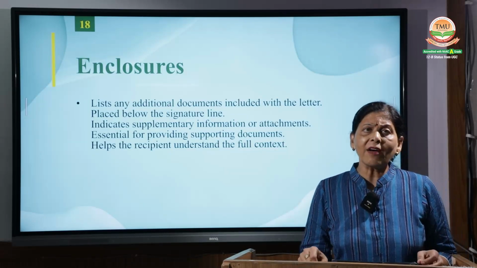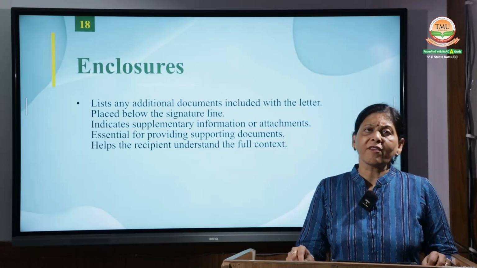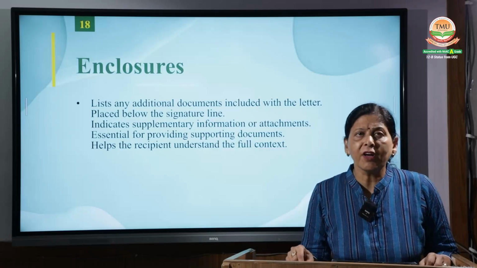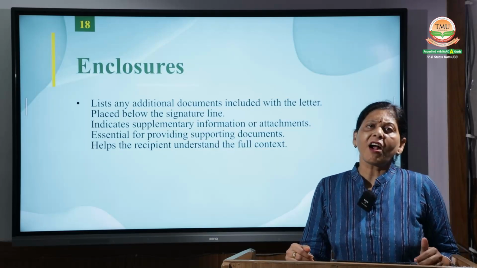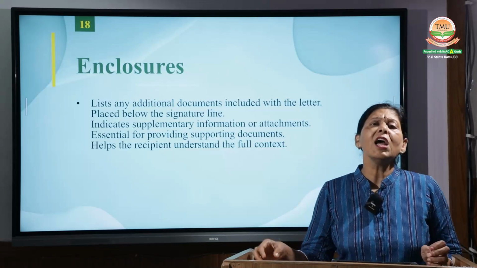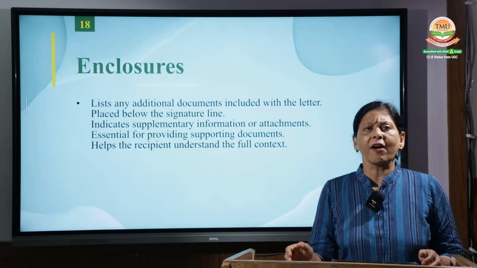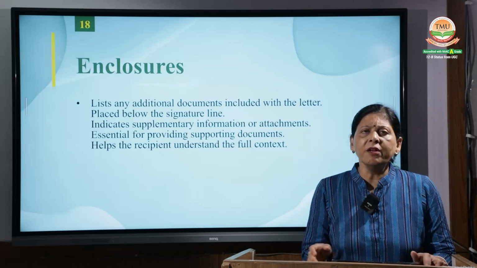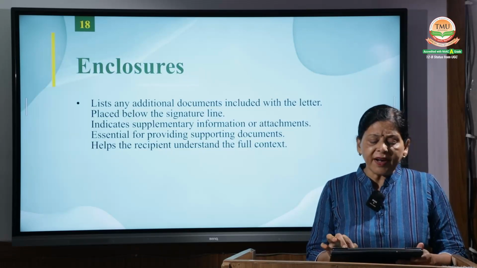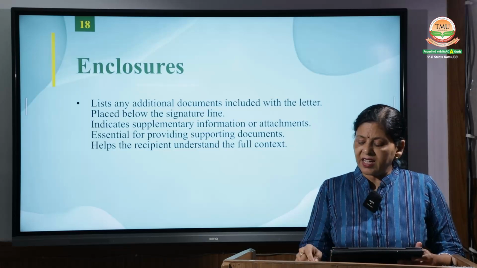If it is a photograph, first we write the photograph. Second, if it is a copy of the testimonials, we write the copy of the testimonial. If there is something else, like a letter of recommendation, it will come after that. So according to the importance and the requirement, the enclosures are placed in an order.